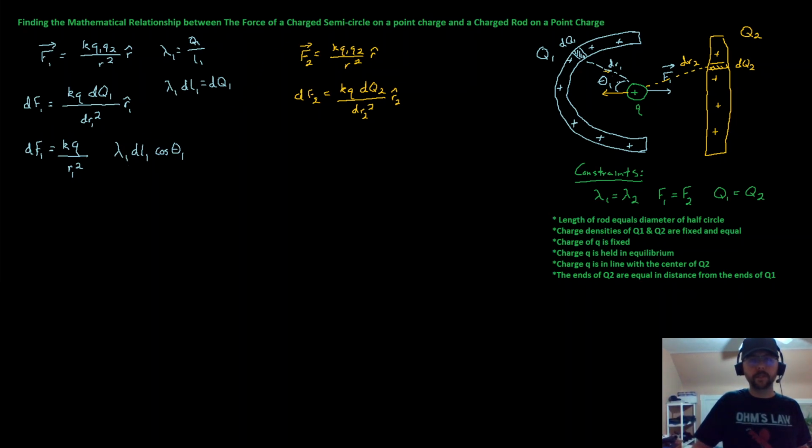Let's move on to the other side. On this side, we're going to end up writing df2 equals, and it's the same kind of idea, except we're moving, so here's our little dq.